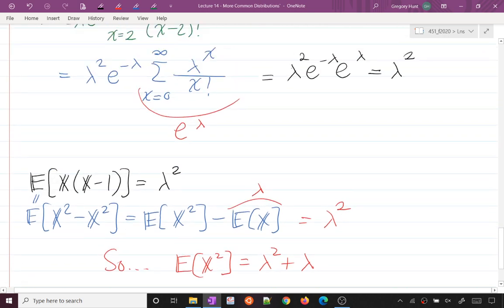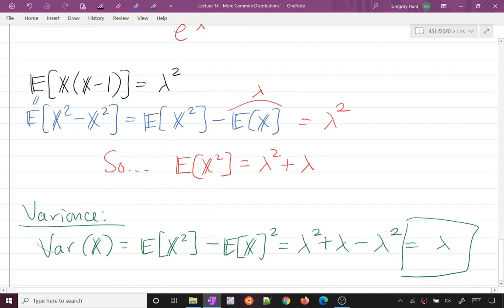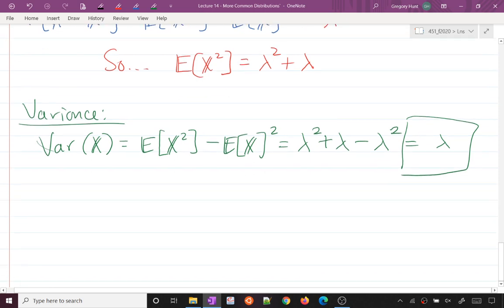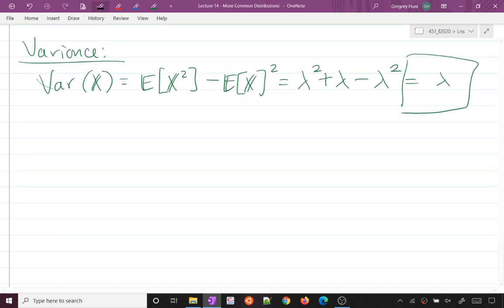We said the mean is lambda, and the variance of a Poisson random variable is also lambda. So that's almost a characterizing definition of what it means to be a Poisson random variable. Its mean and its variance are the same thing. It's kind of a rare occurrence, but it's true, and it's a fact that is super useful and exploited all the time when modeling things with Poisson random variables.